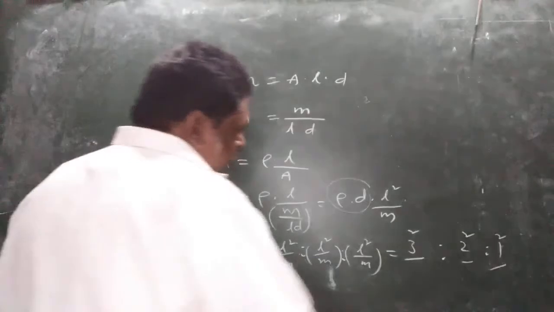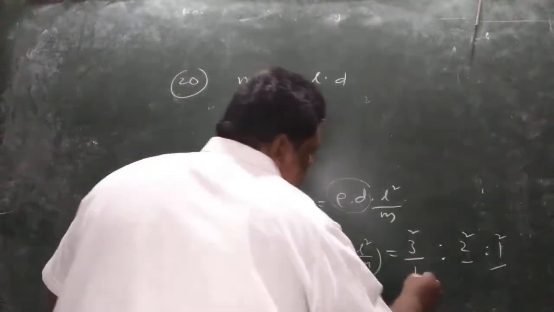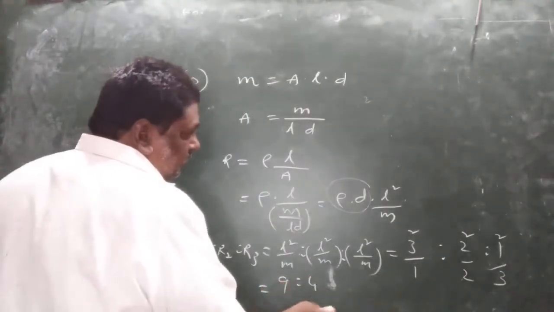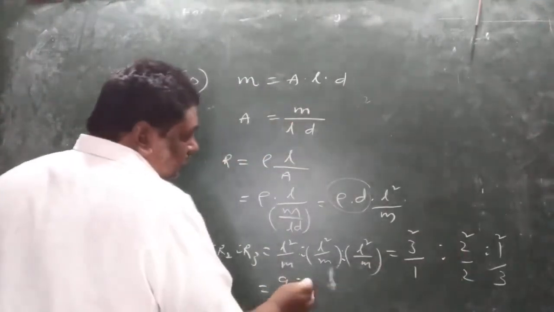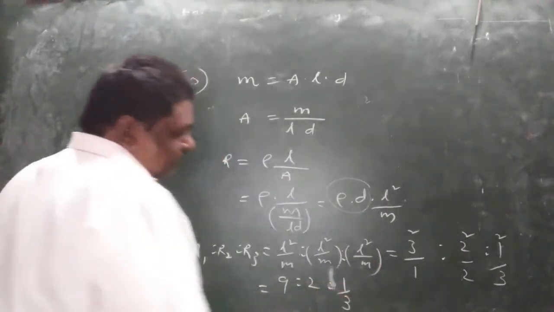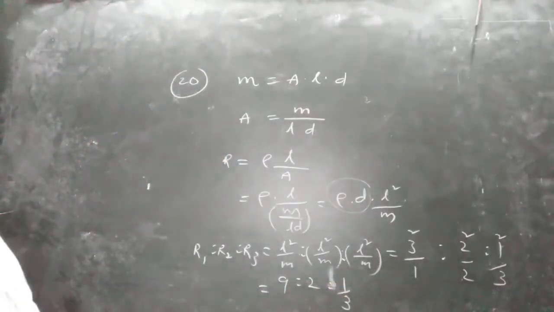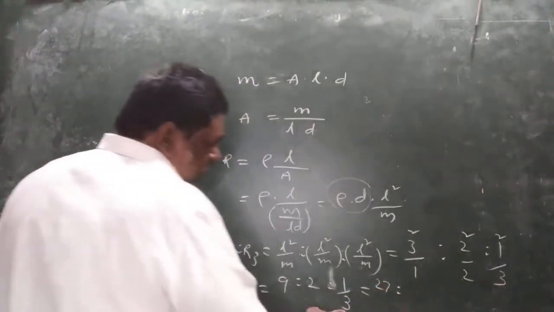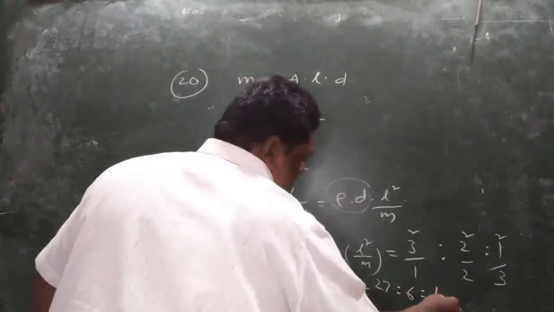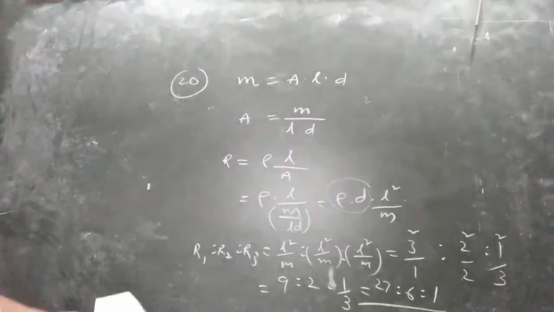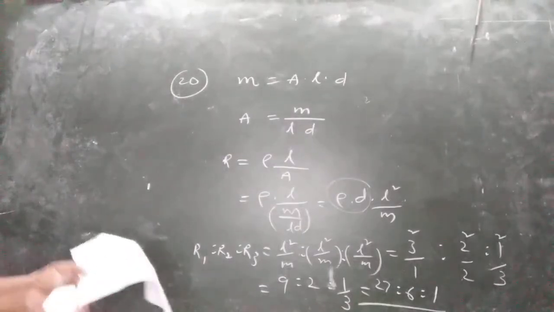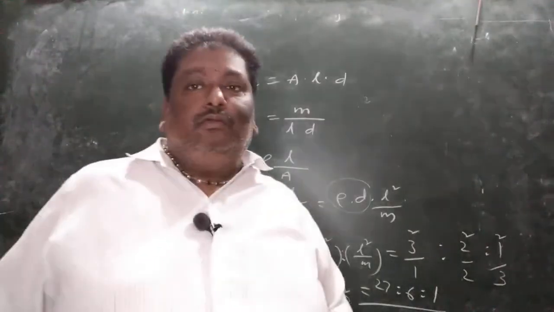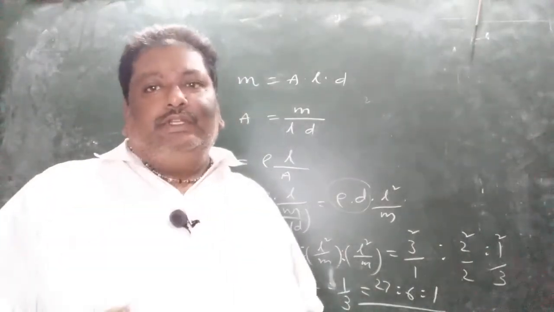Masses ratio 1:2:3. This equals 9 : 2 : 1/3. So multiply with the LCM. 3 is the LCM. Multiply with the LCM. So 27 : 3 into 2, 6 : 1. So the ratio of their resistances is 27:6:1.